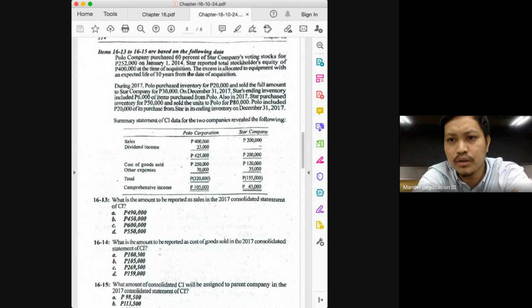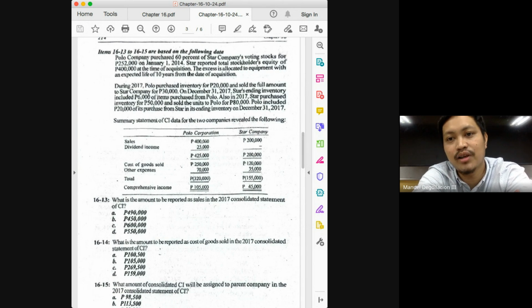On December 31, 2017, Star's ending inventory included 6,000 of items purchased from Polo. Also in 2017, Star purchased, okay, we have a lot of intercompany transactions there. Also in 2017, Star purchased inventory for 50,000 and sold the units to Polo for 80. So this is still intercompany, but this time it would be upstream. So whose income will be adjusted for this transaction, class?